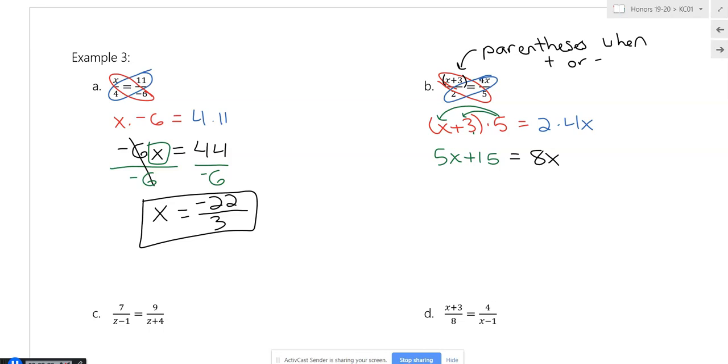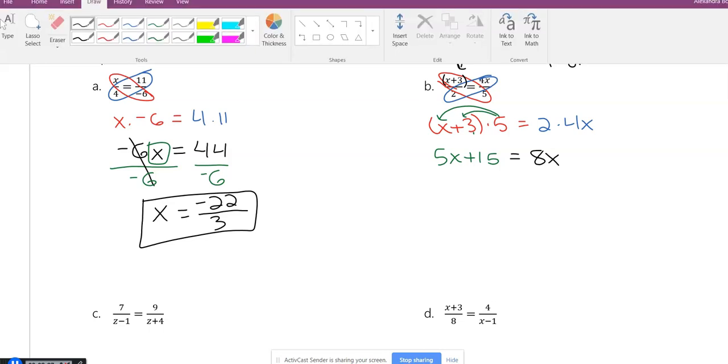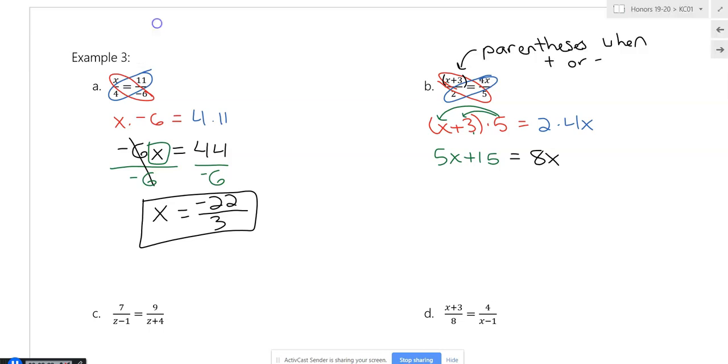Now I'm solving this, okay? With solving, remember we want to get all of our x's together. I have x's here and x's here, so I need to get rid of one of them. It doesn't really matter which one you get rid of. I tend to get rid of the smaller one, or in this case, the one with a constant. It's fewer steps.